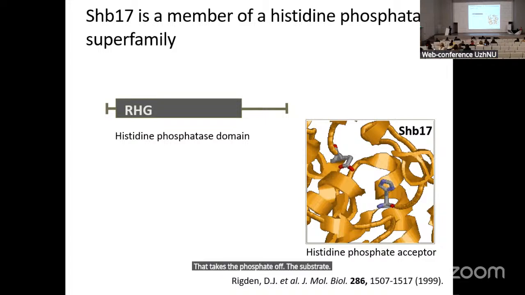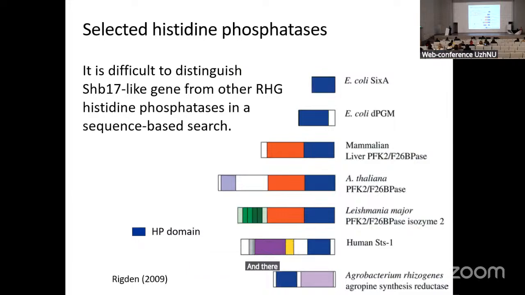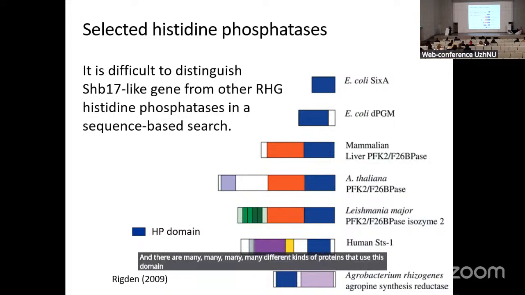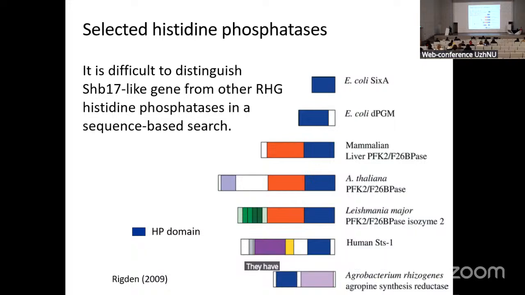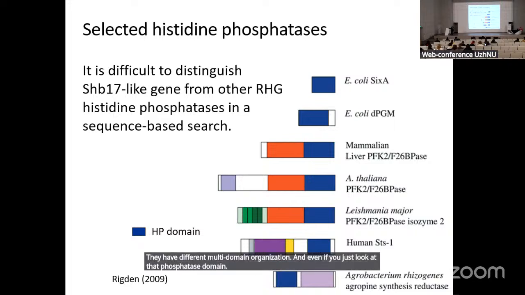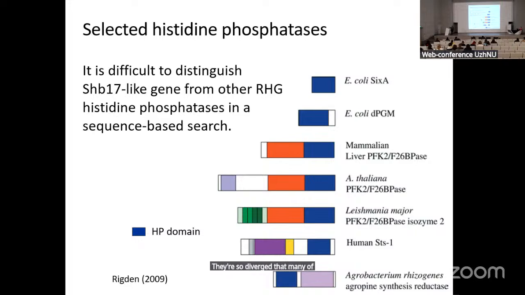And there are many, many different kinds of proteins that use this domain that performs the phosphatase function. This is from a review article, and it shows just a few of the different cases. You can see that they have different multi-domain organization. And even if you just look at that phosphatase domain, they're so diverged that many of them you can't find by doing a sequence search.